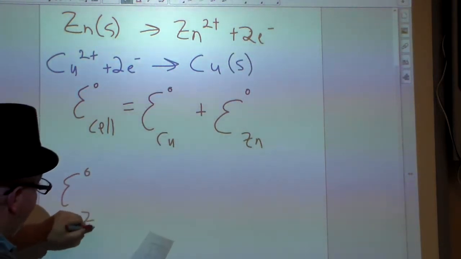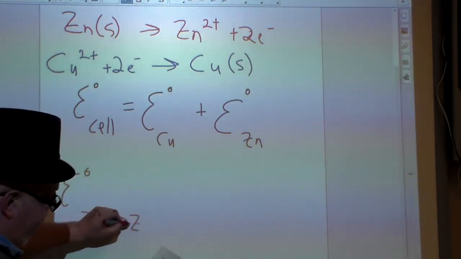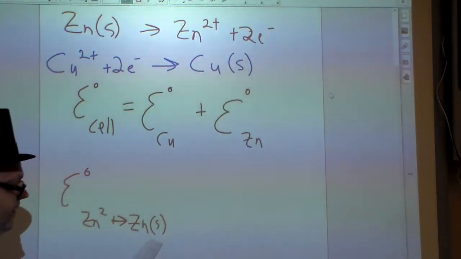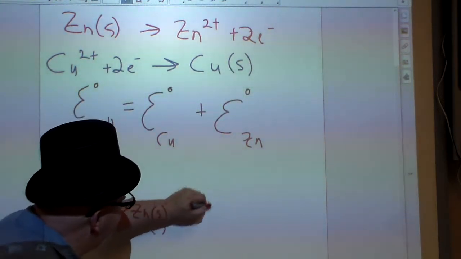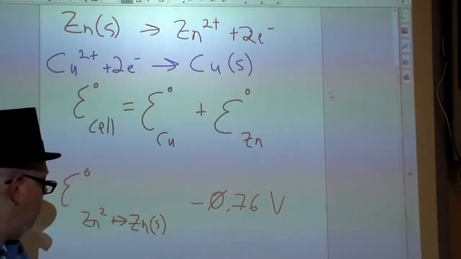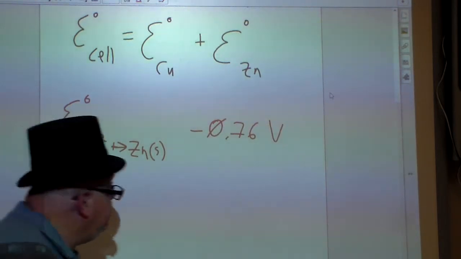I've got Zn 2+ going to Zn as a solid, and that gives me a value of negative 0.76 volts.